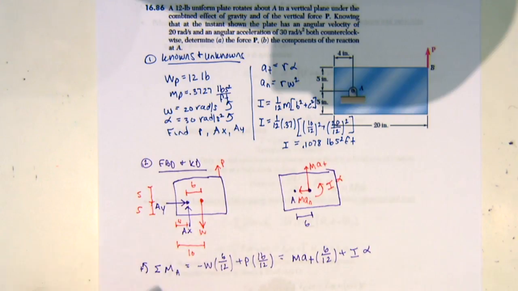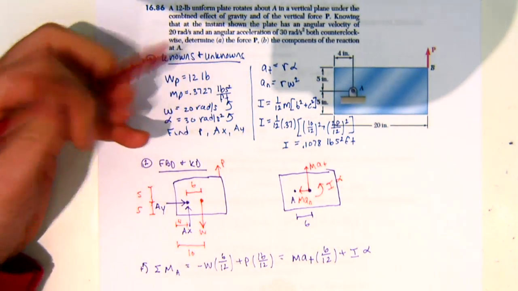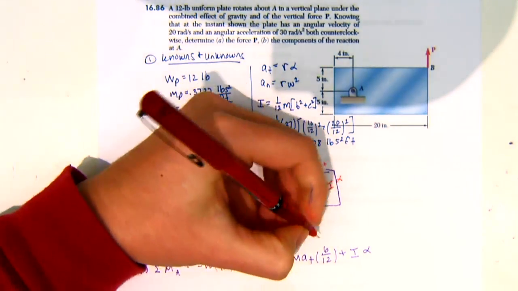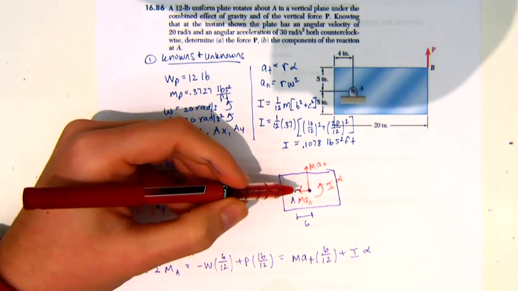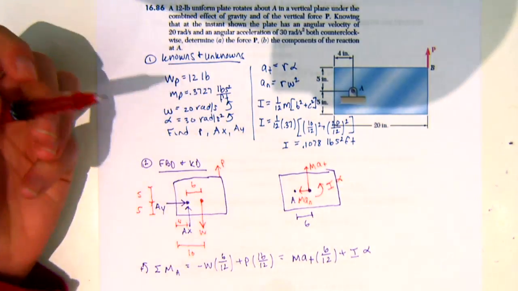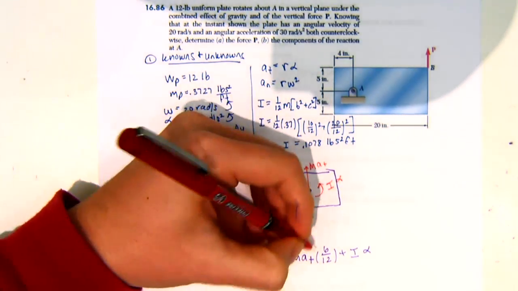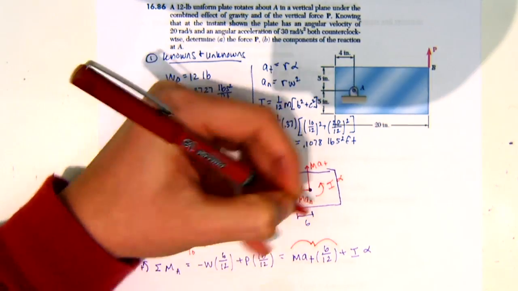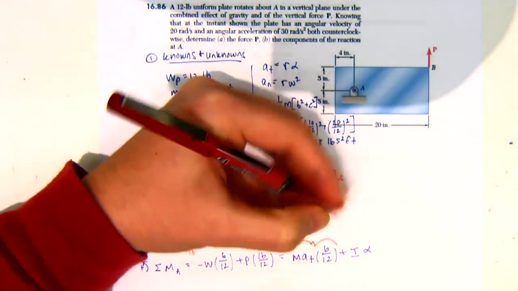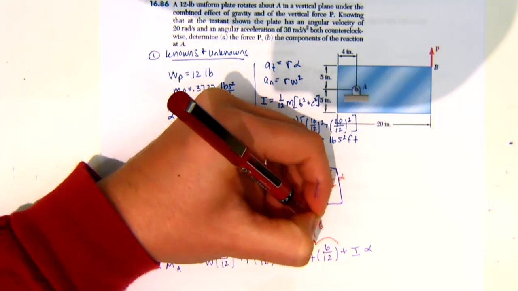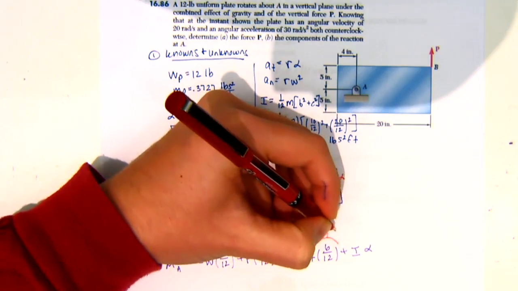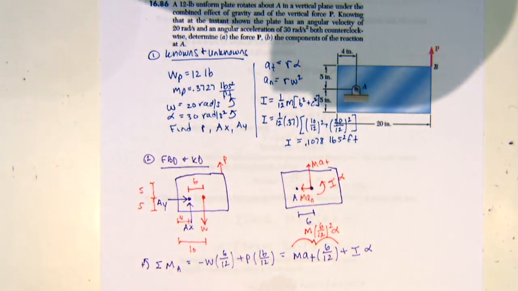For this one, I already said that tangential acceleration is equal to r times alpha. The r for that is just 6 over 12 again. So essentially, this can be written as m times 6 over 12 squared times alpha. All I did was plug in r alpha for my tangential acceleration.